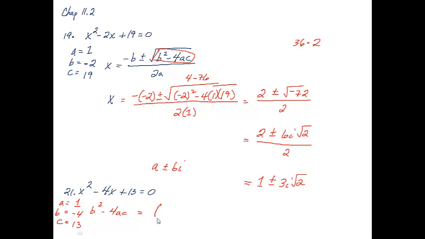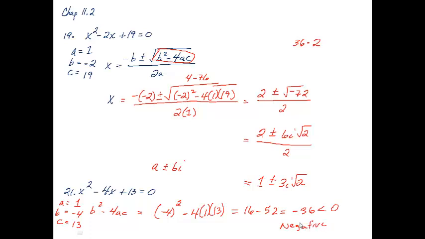So this becomes negative 4 squared minus 4 times 1 times 13. And we end up with, let's see, 16 minus 52, which is going to be negative 36, which is less than 0, which makes it negative, right?